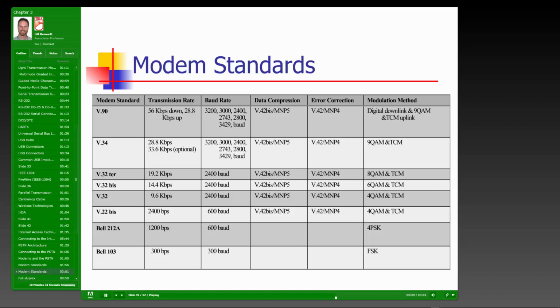So we left off: the V.32bis was 14.4K, V.32ter, which is the third version, 19.2K, and then the V.34 gave us 28.8 kilobits per second. It was capable of going up to 33.6. And then finally we got to the V.90 standard, which gave us 56 kilobits per second on the down and 28.8 on the up.